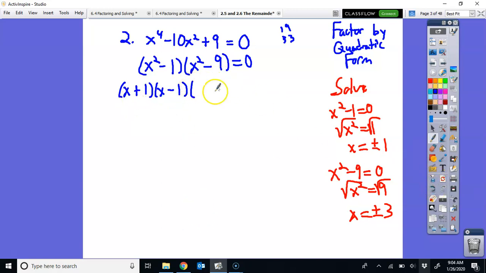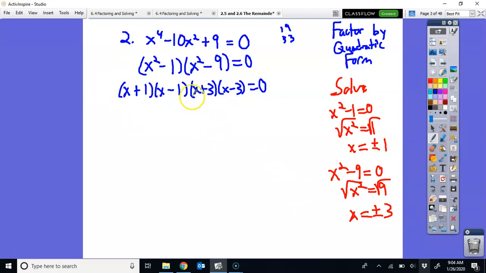The same thing with x squared minus 9. It is a difference of squares also. X and x gives me x squared, plus and minus gives me -9, and 3 and 3 would cancel out, 3x and -3x in the middle.